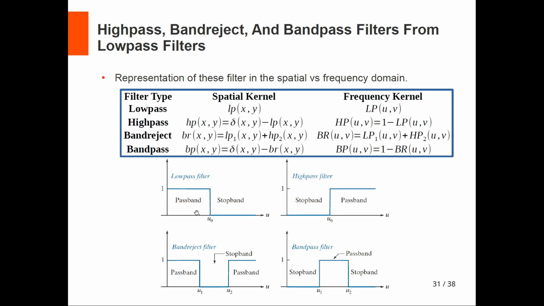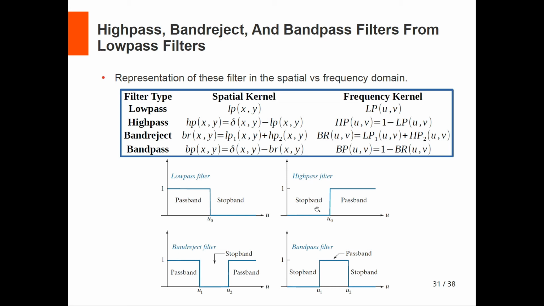One region is the pass band and the other region is the stop band. So a low-pass filter basically passes any frequency component that is inside its pass band and stops any frequency component that is inside the stop band. Now that we have this, you can see the connection between the low-pass filter and the high-pass filter.